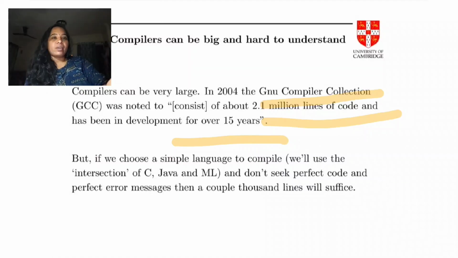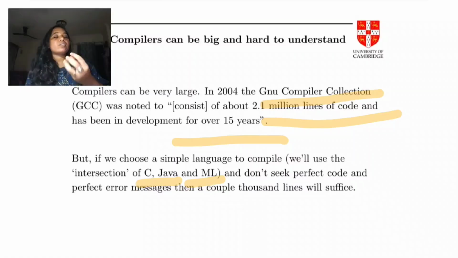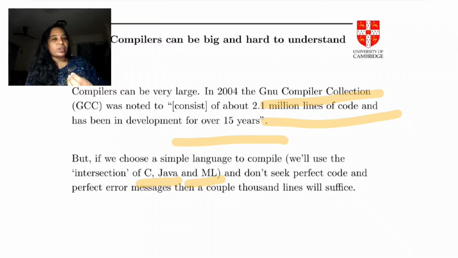And then if we choose a simple language to compile, for example C, Java, or machine language, we get small debug errors, small types of errors, and then it can run easily.